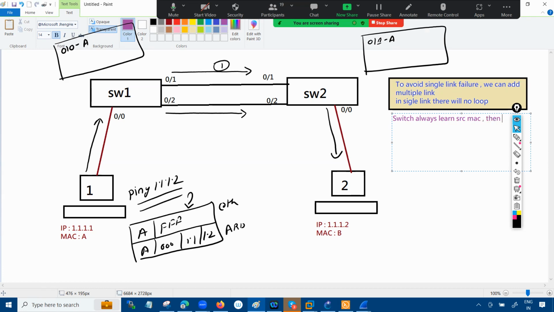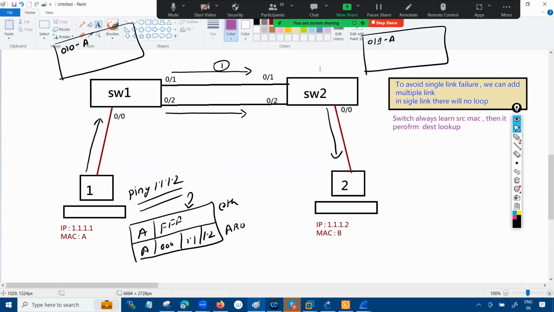And then it performs the destination lookup. After receiving this packet, switch 2 sees the FFFF destination and knows it needs to broadcast this packet. It will forward this packet to PC2. At the same time, it will forward the packet on the 0/2 interface.